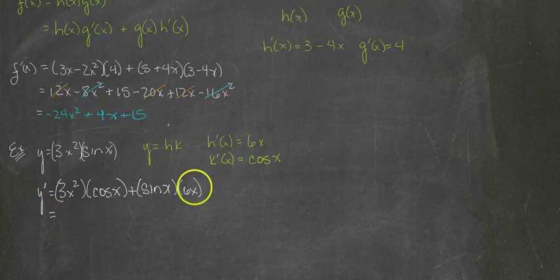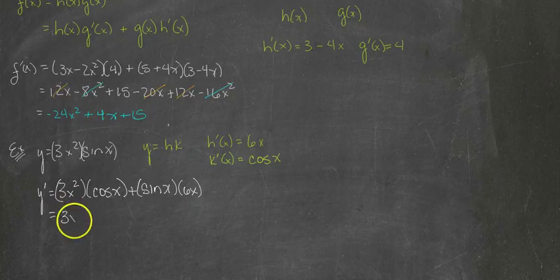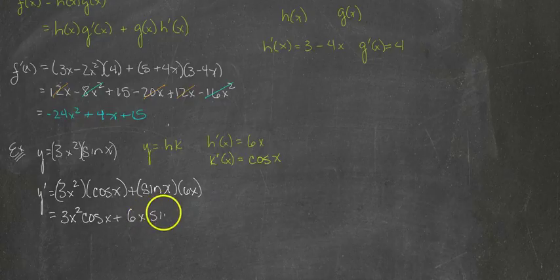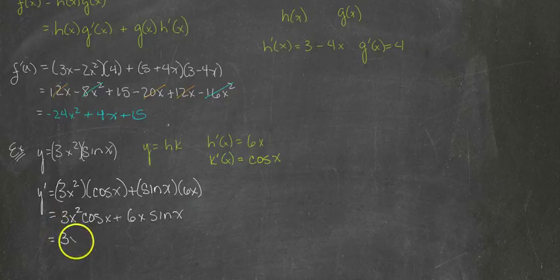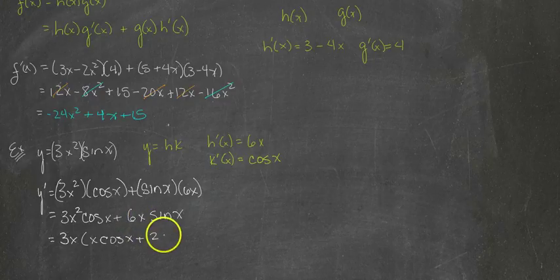I could rearrange it a little bit. I have 3x squared cos x plus 6x sine x, and I think that's as good as it gets. Well, I guess I could factor out a 3x, so I get 3x times x cos x plus 2 sine x.